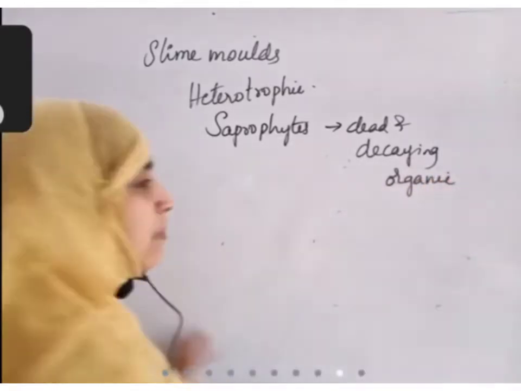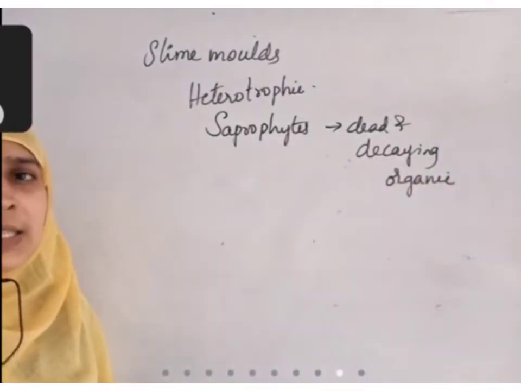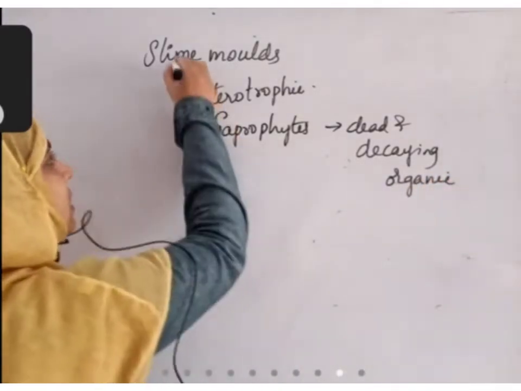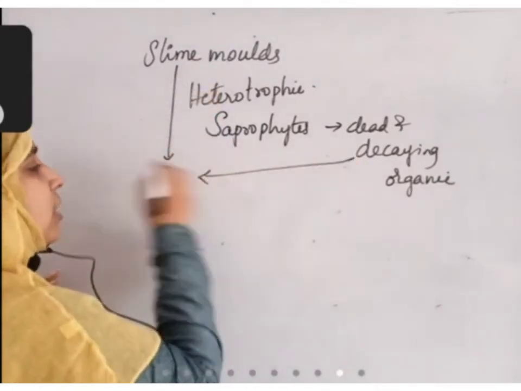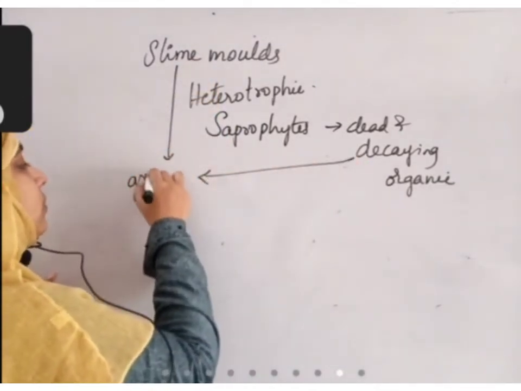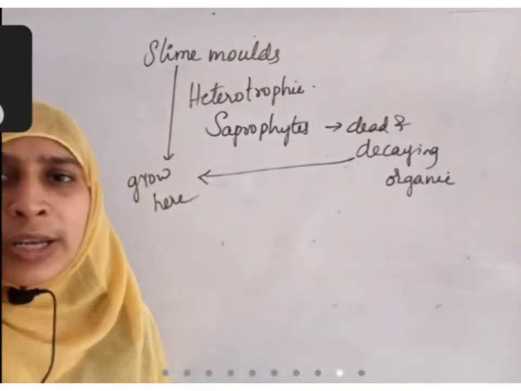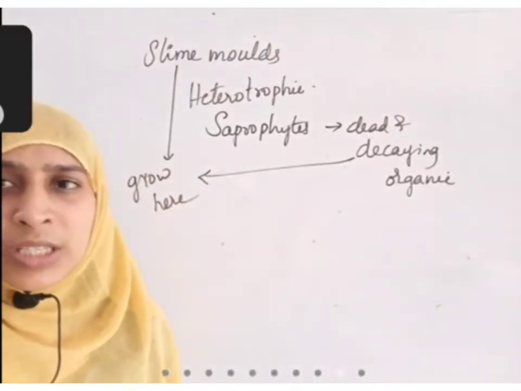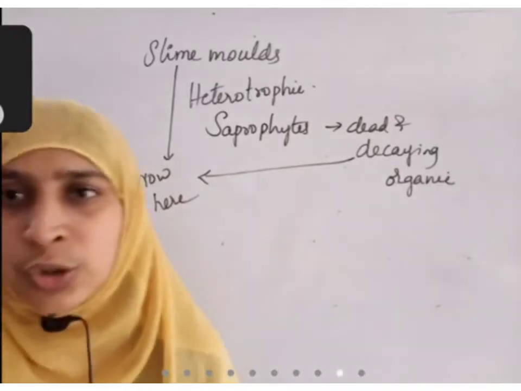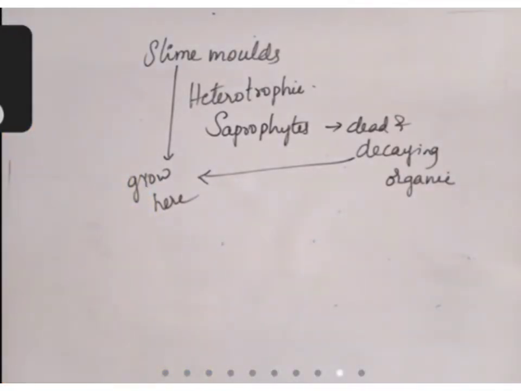So wherever there is some dead decaying organic matter, slime molds start growing in these regions, okay. Slime molds grow where there is dead and decaying organic matter. There you can see, I'll show you the picture of this.